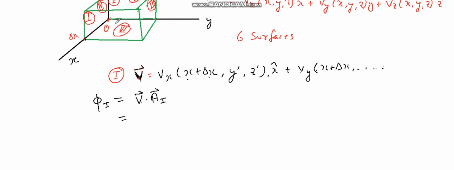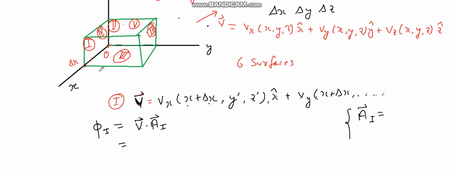The area vector for the first surface is actually, okay, this is the delta y and this is the delta z. So it is going to be delta y times delta z, and the direction is x cap.